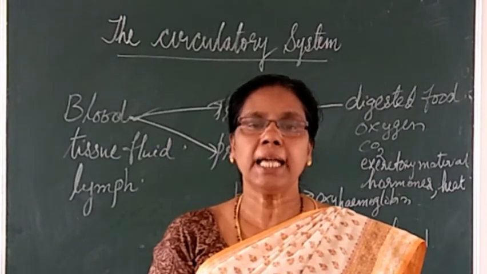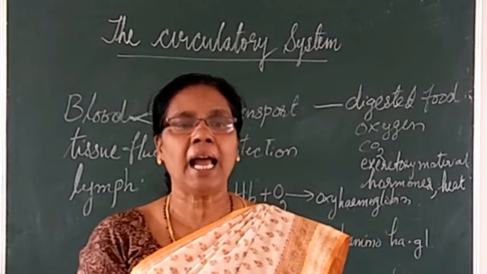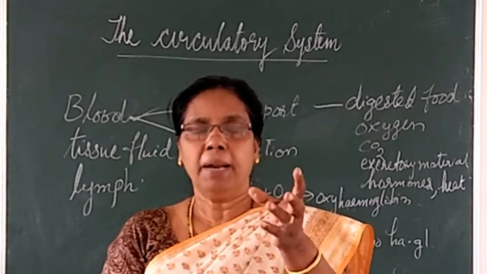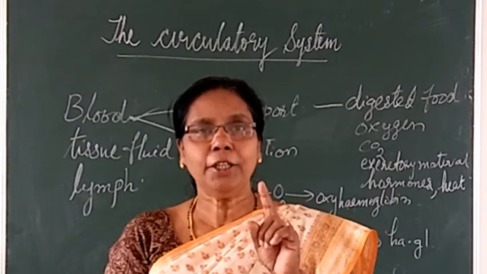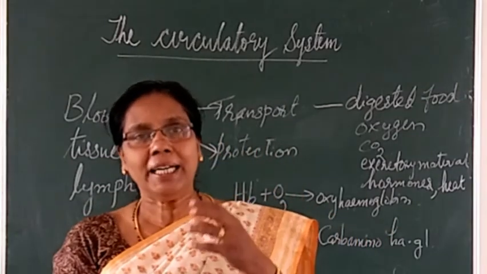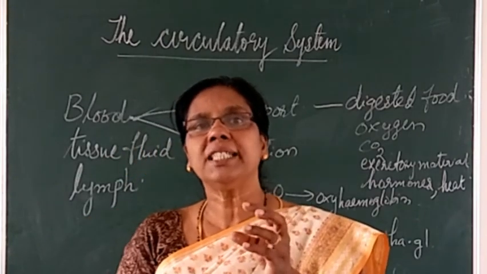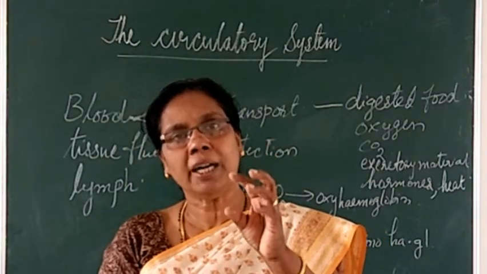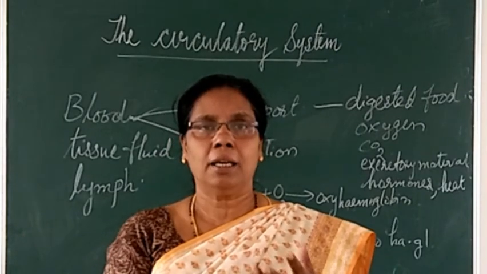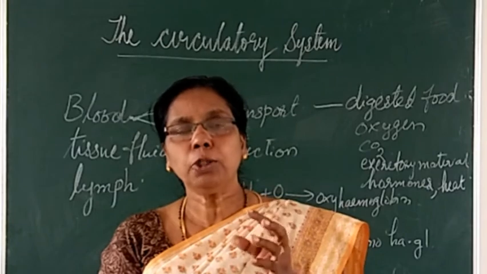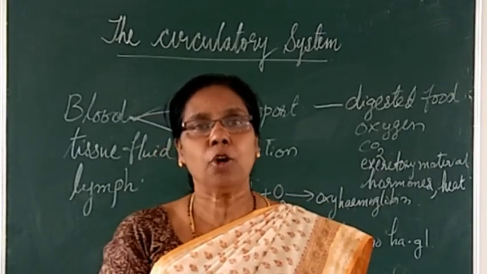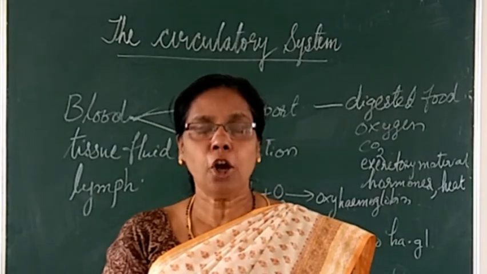Then the third way blood protects our body is that it produces antitoxins and antibodies. When bacteria enter the body, they produce certain substances called toxins. So the blood produces a certain substance to neutralize this toxin, which is called antitoxin.